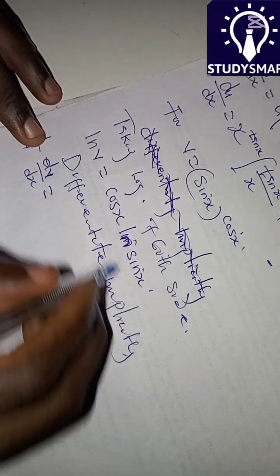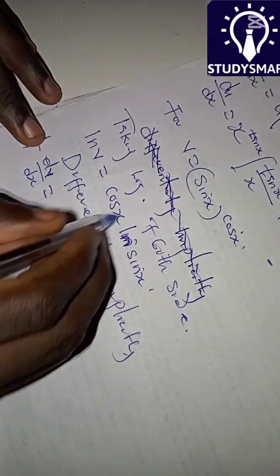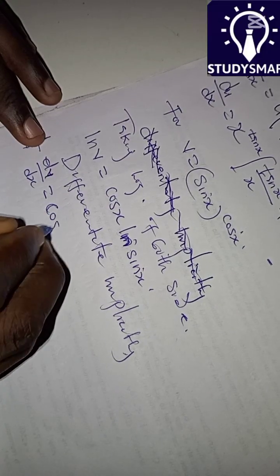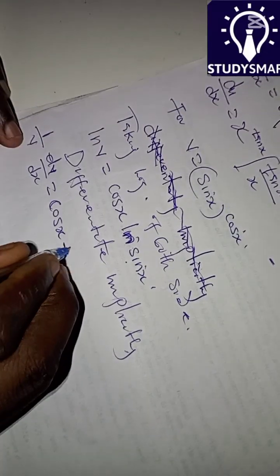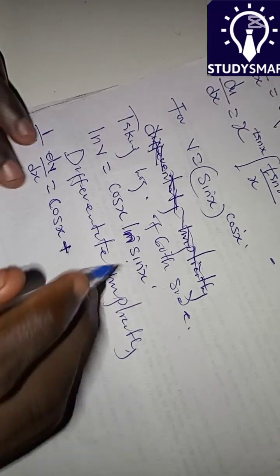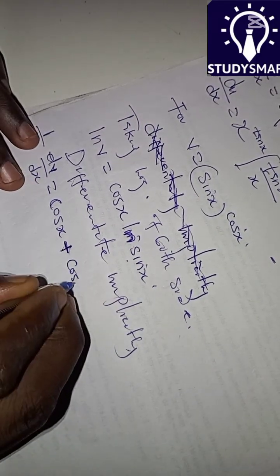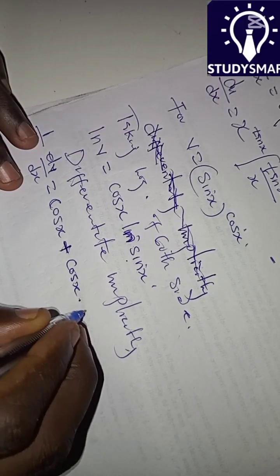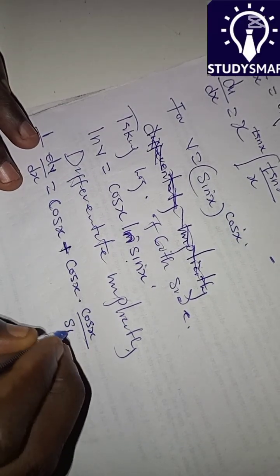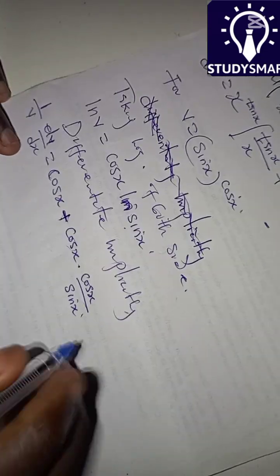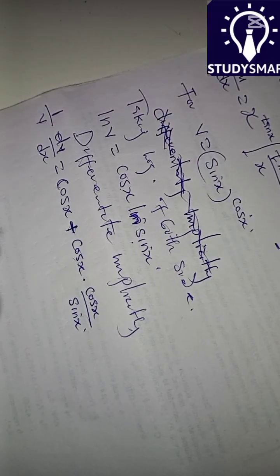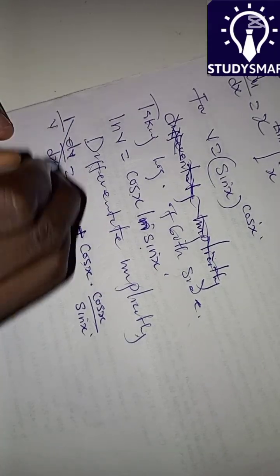I'll have cos x plus cos x times cos x over sin x, from the chain rule. Alright, so I think we made a mistake here. Let's just redo this.